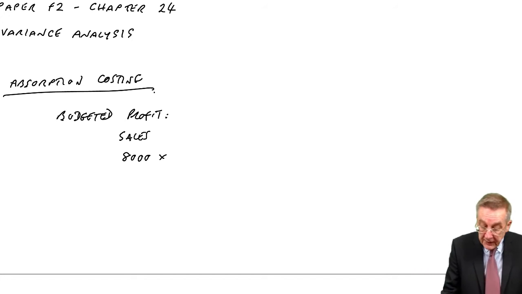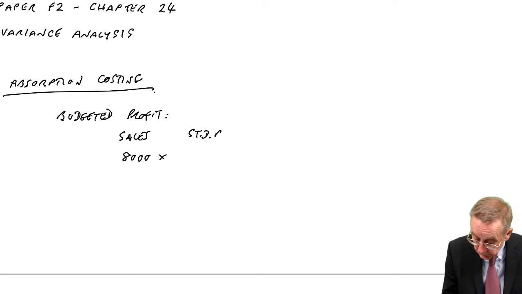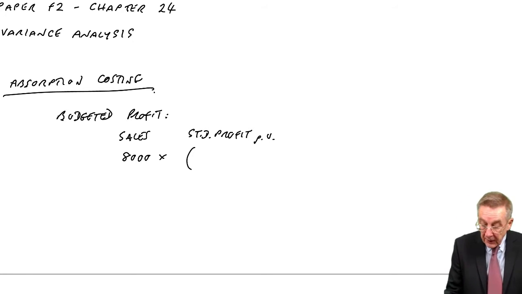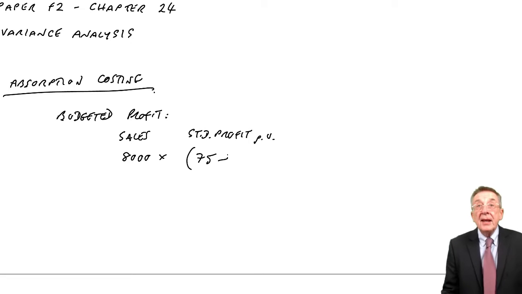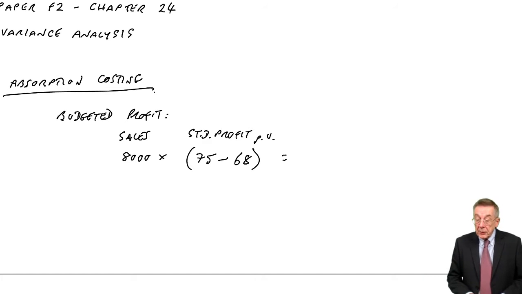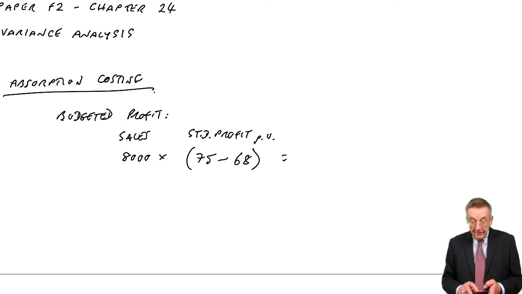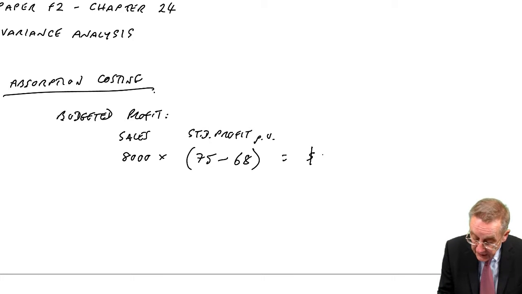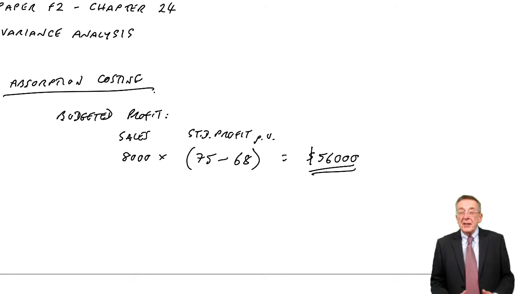The standard profit per unit: the budgeted selling price is 75 and the standard cost is 68. So they're budgeting on making a profit of $7 a unit. 8,000 units at $7 is 56,000. So that's the budgeted profit.